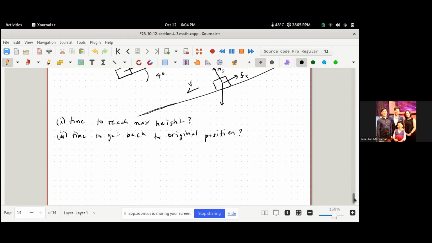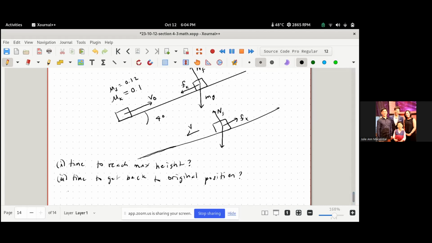Tapos, yung V sub 0 dito, yan yung initial velocity. So it should be possible to get an expression for this na variable yung V sub 0.